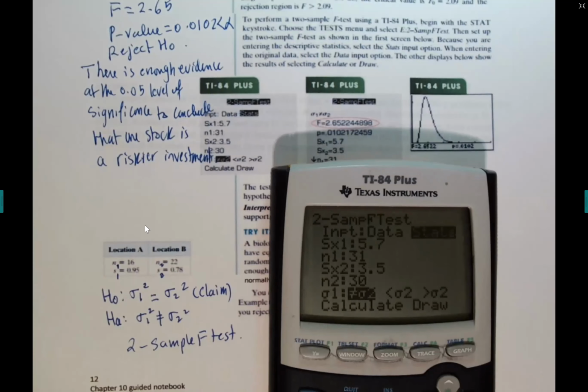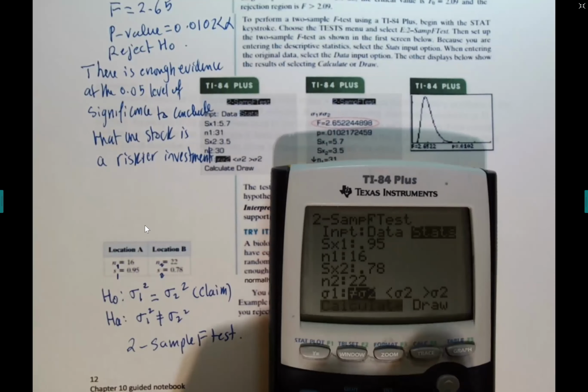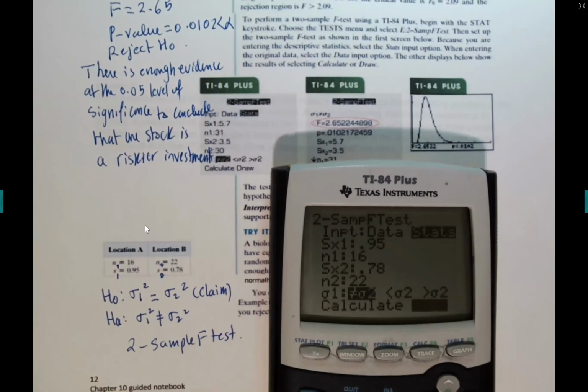S1, 0.95. n1, 16. S2, 0.78. And n2 is 22. Sigma 1 is different from sigma 2. That's still valid here. And let me do a draw here, guys, to show you how that works.